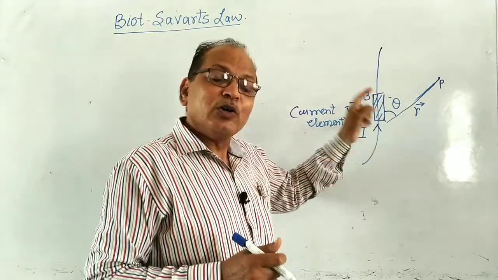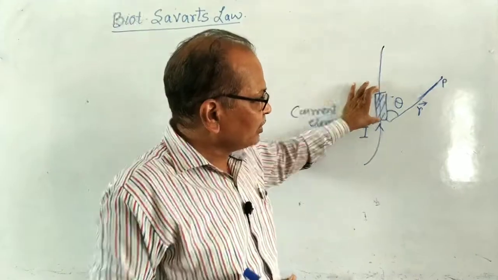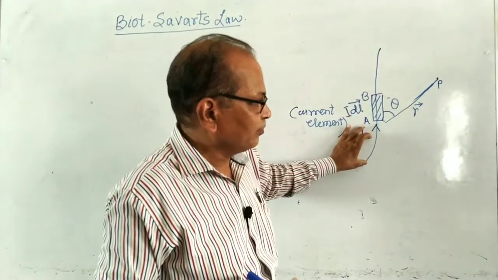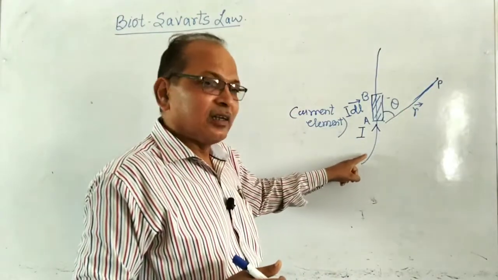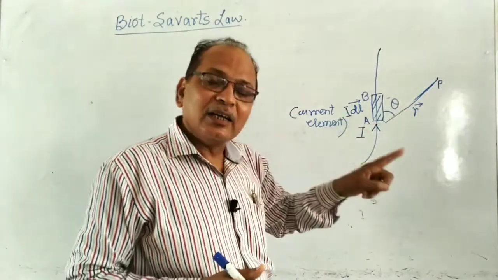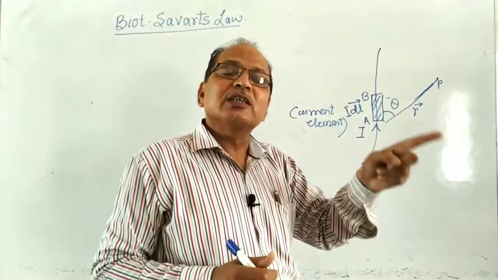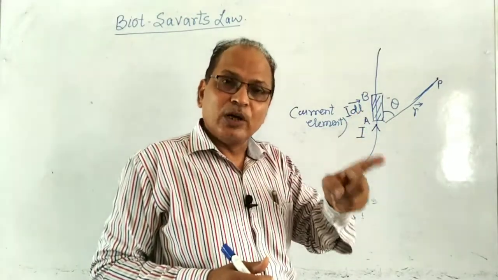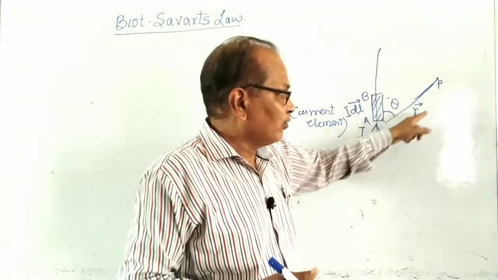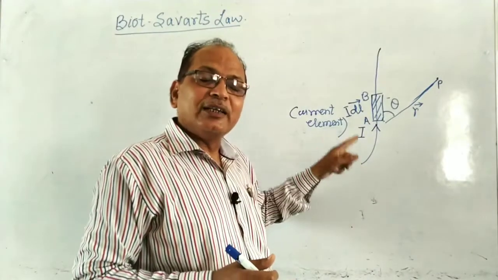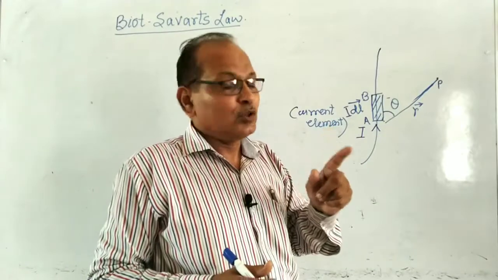Third thing, angle: how does it depend upon the angle? If, for example, this small element is over here and you are making that particular angle, then the angle decreases. As the angle decreases, the value of the sine will also decrease, and r will also increase, and the magnetic field intensity will decrease.